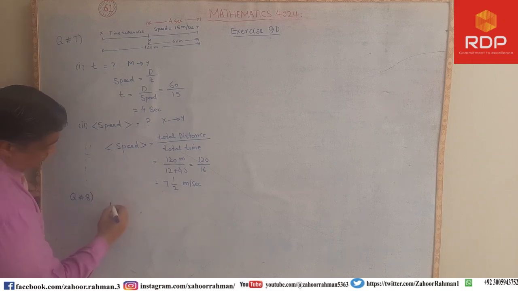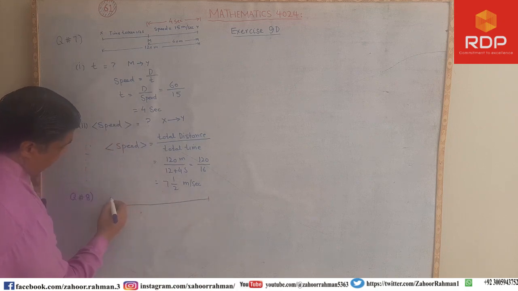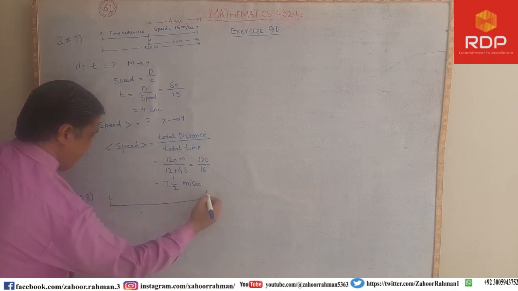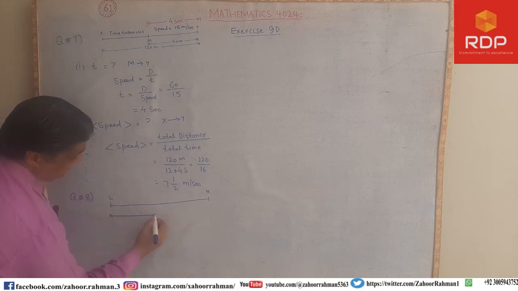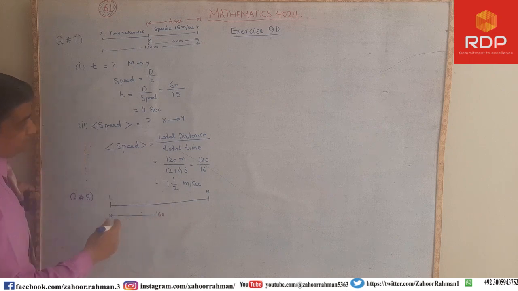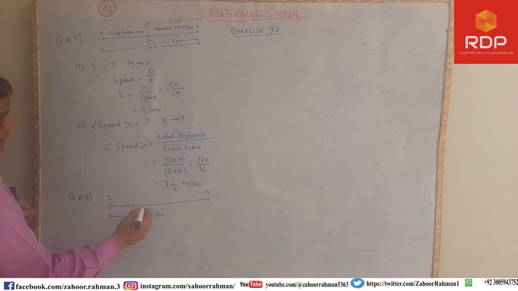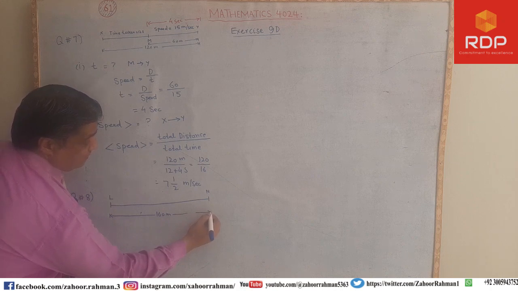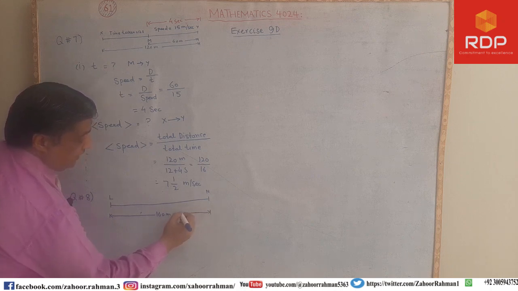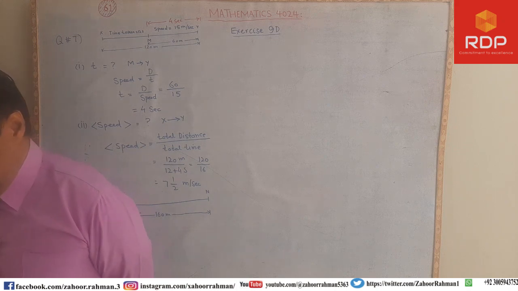So there are 2 points which I am marking as L and N, and their distance is 160 meter apart. This was the first piece of information.